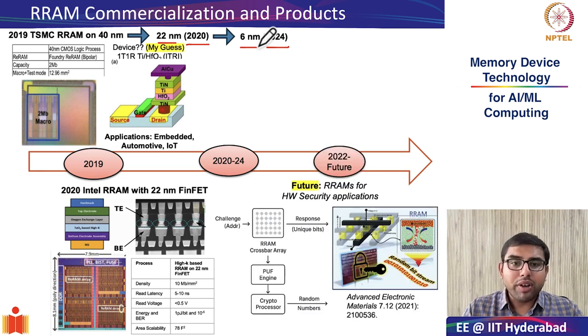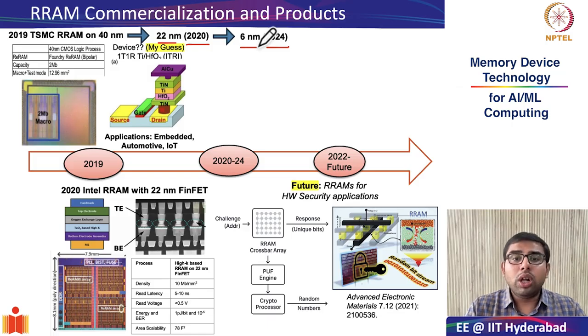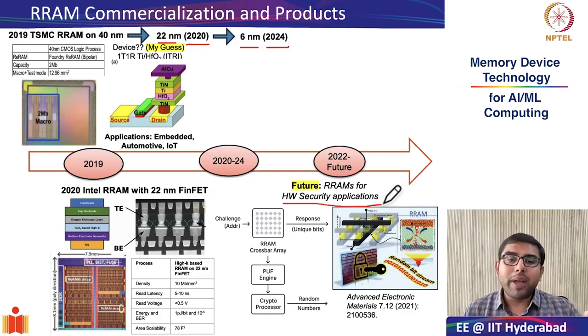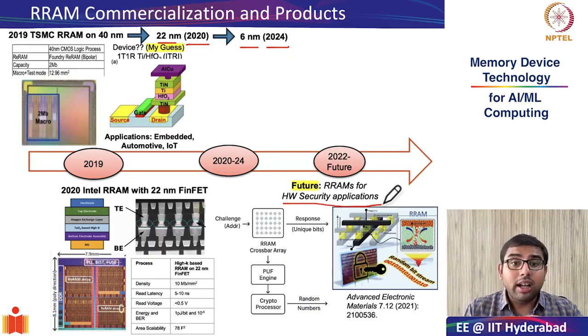However, RRAMs have a very, very rich application space going into the future. The first application space that people are exploring now is RRAMs for hardware security applications, where the inherent stochasticity in the forming and dissolution of the conductive filaments of the RRAM is not prevented, but actually utilized for creating effective true random number generators and physically unclonable functions for crypto engines.